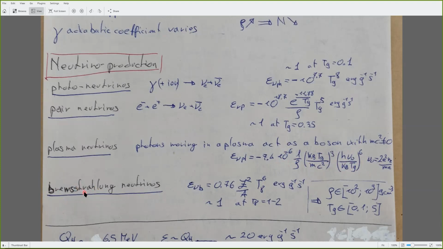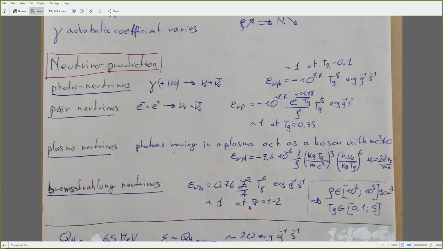Then we have the Bremsstrahlung, as we saw previously in the opacity. In this case, the electron that interacts with the nuclei can emit a pair of neutrino and antineutrino instead of a photon.